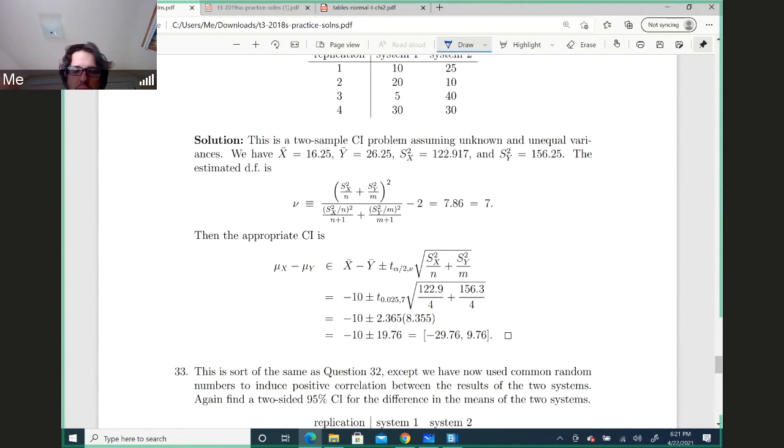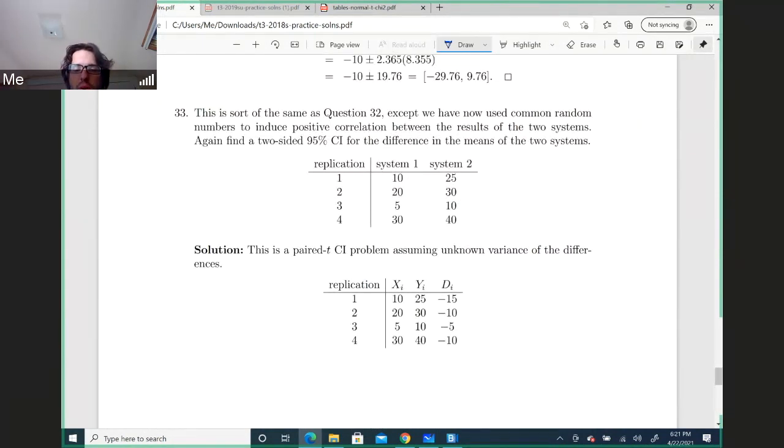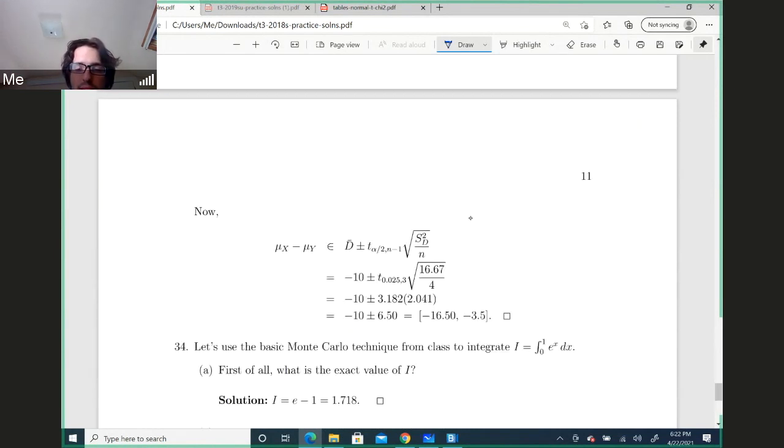A very similar question is question 33, where it's almost the same, except we now use common random numbers to induce positive correlation. So the equations and the method are different. In this case, you find the differences between each of the individual pairs. And then using those differences, you use some slightly different equations to get a slightly different confidence interval.